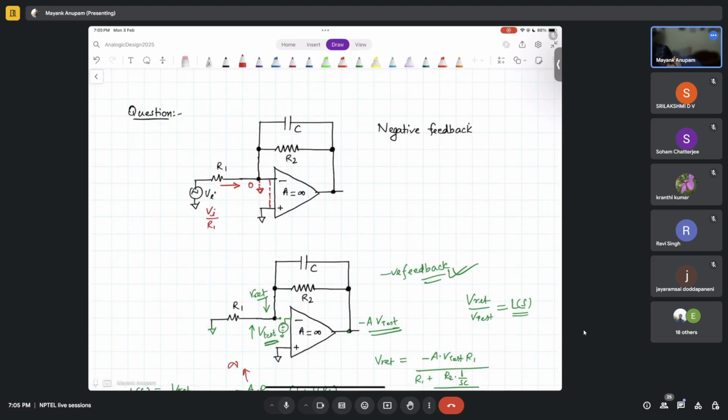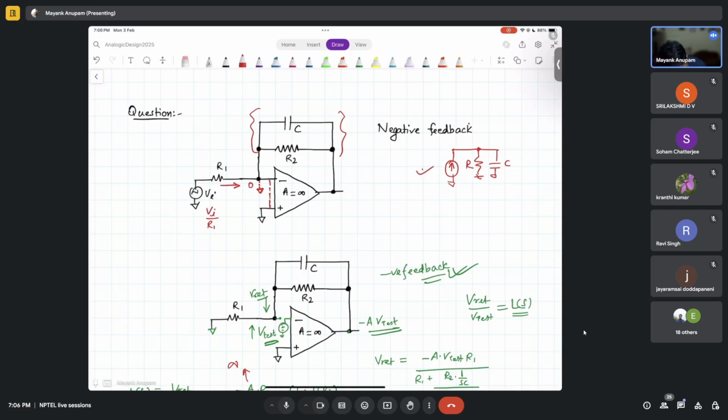And this current is flowing through a parallel combination of R and C. So you know that if there is a current source like this and you have a parallel combination of R and C, what is going to happen? This is actually an integrator, right?